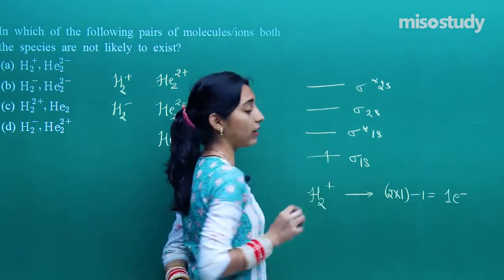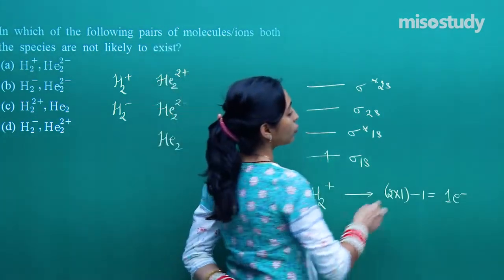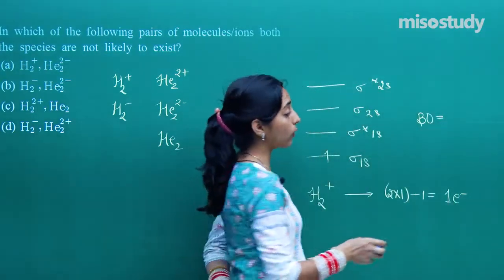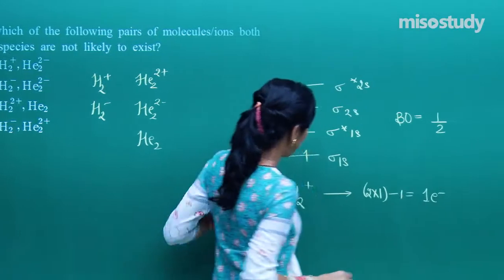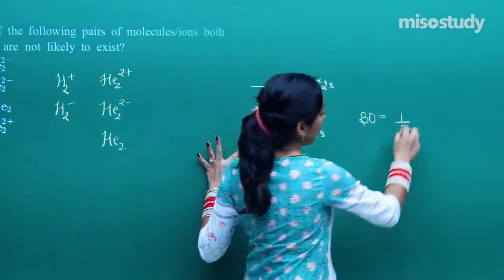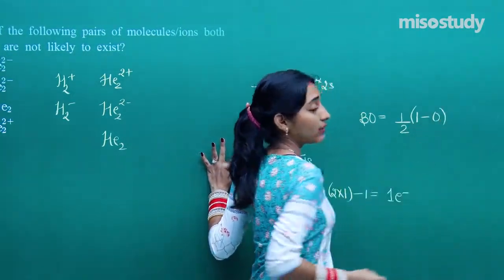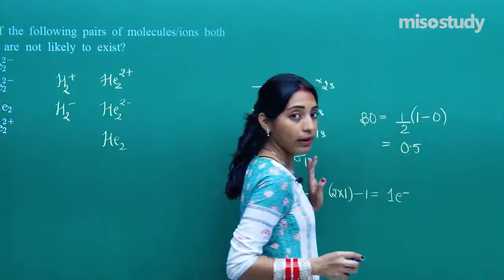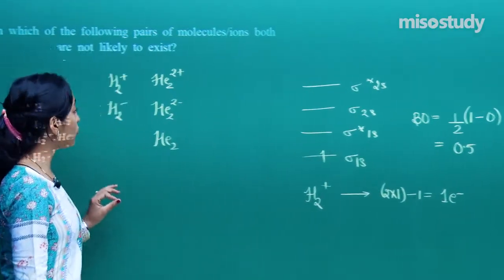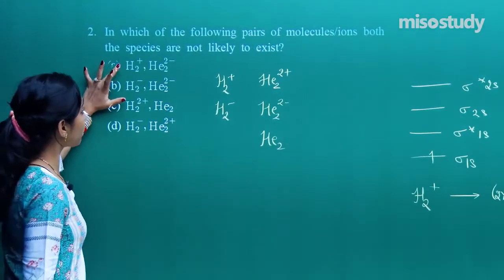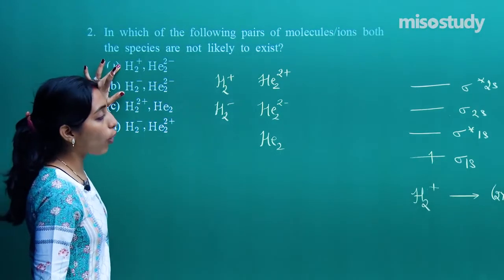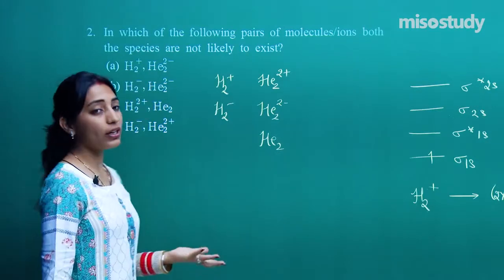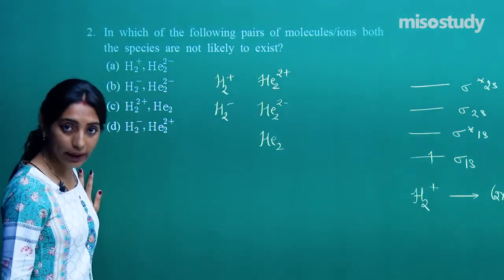Bond order is half the number of electrons in bonding molecular orbitals, 1, minus the number of electrons in anti-bonding. So 1 by 2, the bond order comes out to be 0.5. That means in our first option, H2 positive, the bond order is 0.5. And here it says both the molecules are not likely to exist.